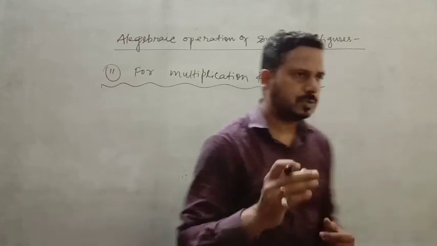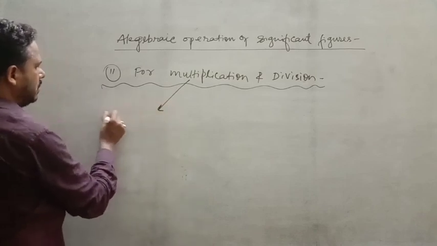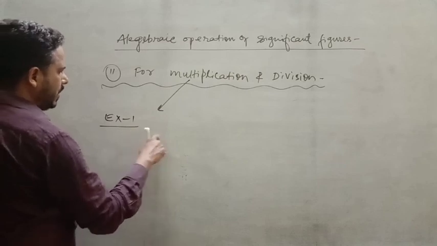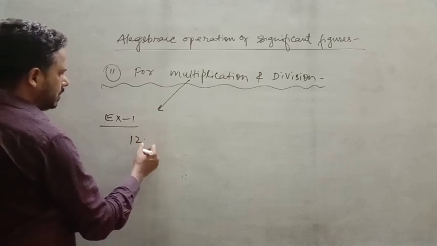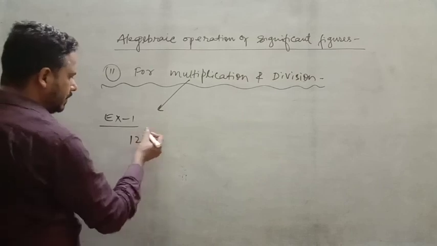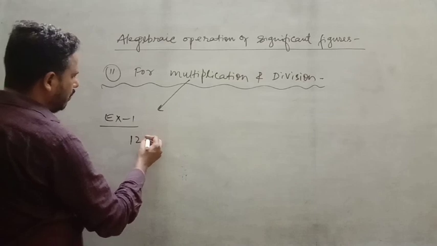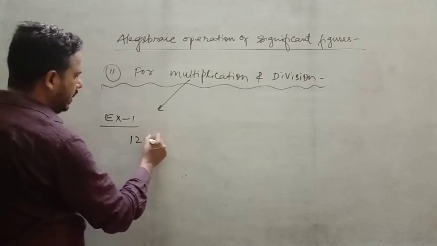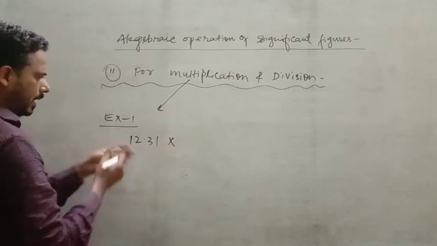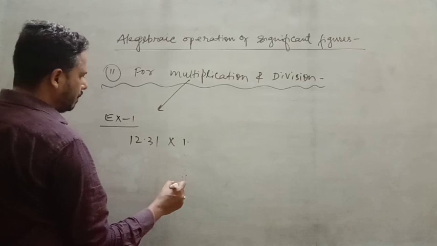So I am going to take an example for multiplication. Take example 1 for this one. Suppose here I am taking 12.31, and then we have to multiply this one with another number, and the other number is, suppose, 1.1.